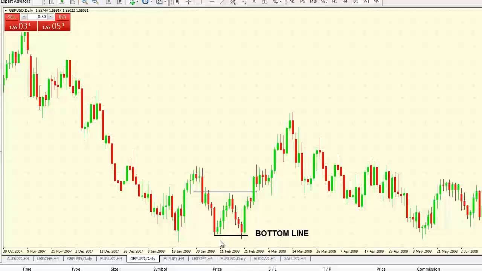As explained, after making the first bottom at this point, which is the low of the downtrend, the price trended higher, making a high at this point, and then slid lower to form the second bottom at this low. This completes the formation of the double bottom pattern.